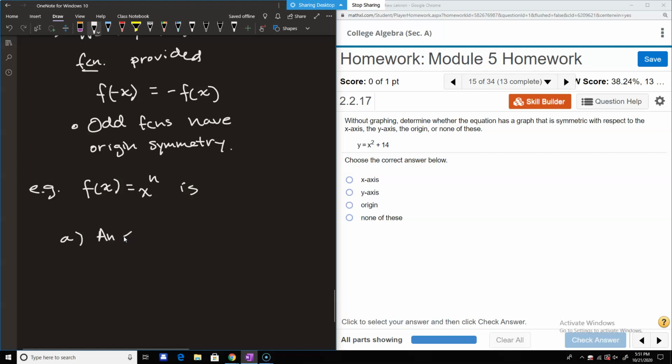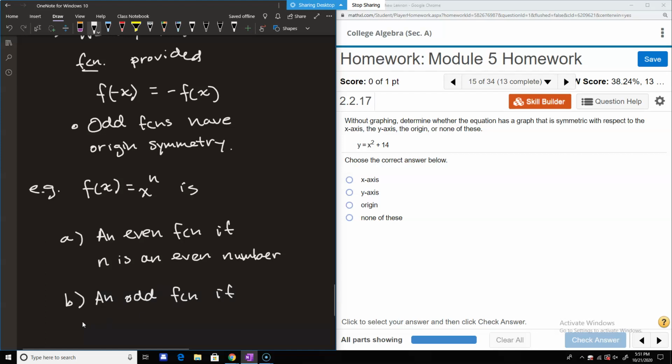So this is an even function if n is an even number, and an odd function if n is an odd number.